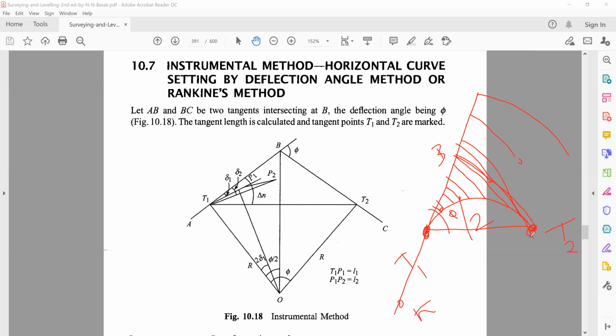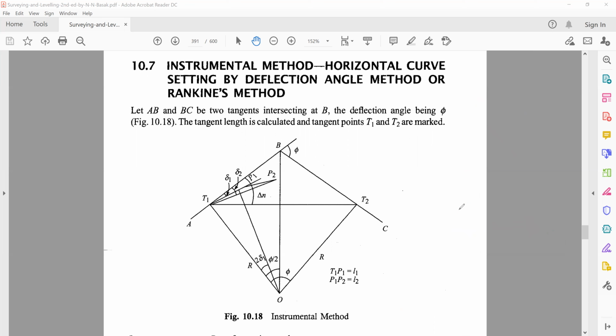So in order to locate that point, we need, one, the deflection angle, and two, we need to know at what distances we are finding out the angles. So you can have infinite values of the angles. For that, we take this line again: point A, point T1, over here point T2, and over here you have B. Then we take chord lengths.